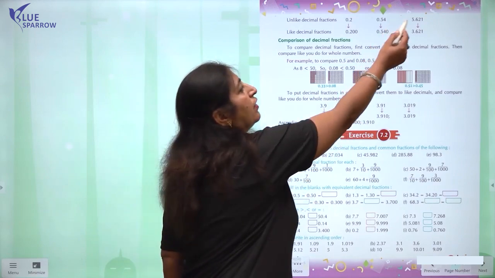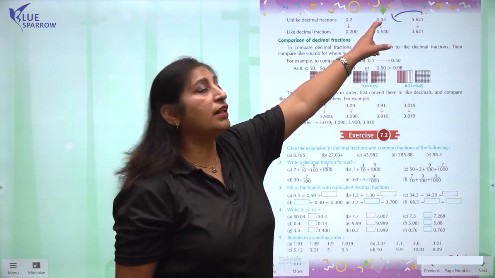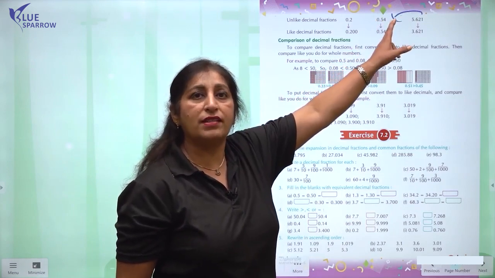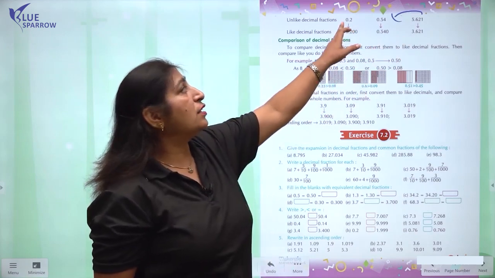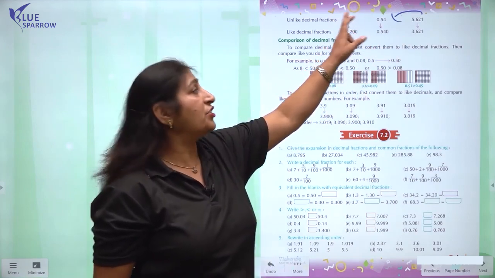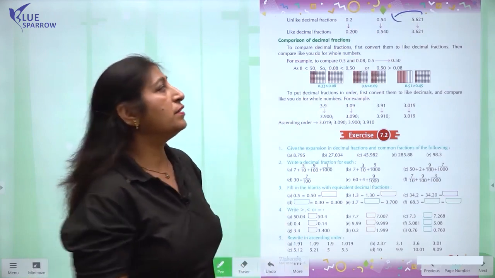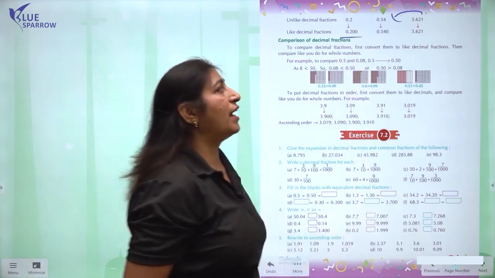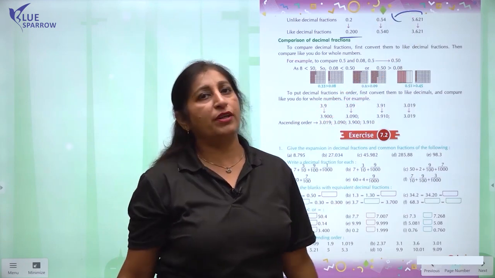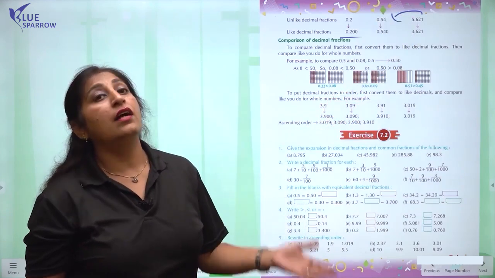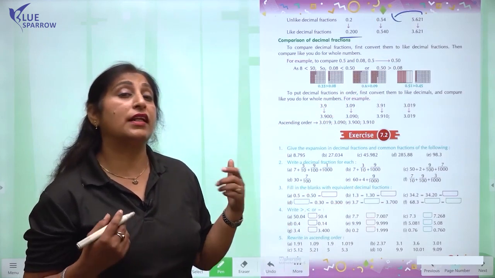So to make the second number a like fraction to the third, it requires only one more place in the decimal part, so one 0 would be put here, and the first number would become a like fraction if we put 2 more zeros at the end. It means 0.200 would be the like fraction of 5.621, or of 3.621, which also has 3 decimal places.